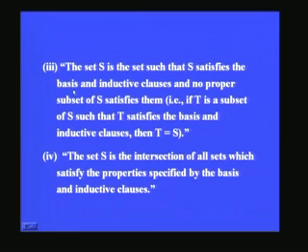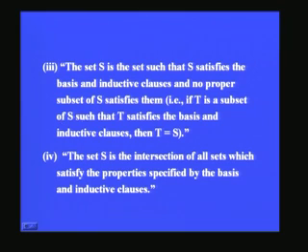Or you can even say it in one of these two ways. Let us see how you can say that. The set S is the set such that S satisfies the basis and inductive classes and no proper subset of S satisfies them. Or put it in another way, you can say it like this.